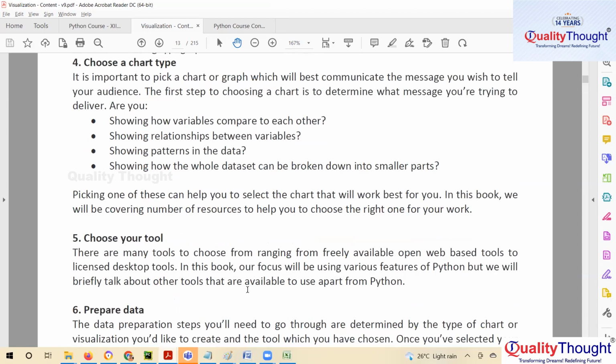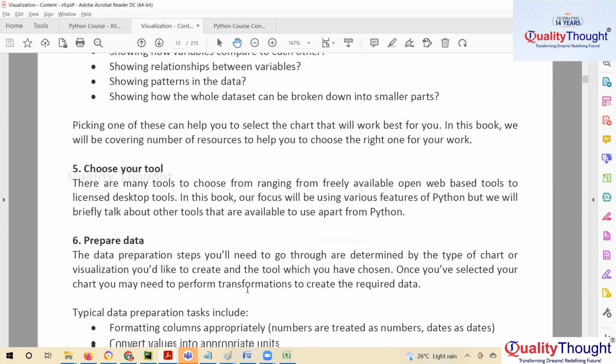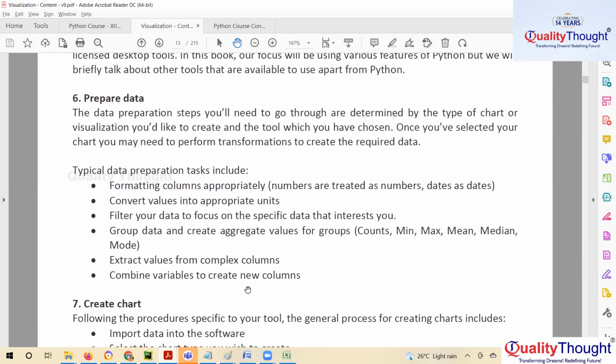Then which tool? In our case, we'll use Python only, but you can use Tableau, Power BI, or R. Many other tools are there. You can decide which tool. Then prepare your data, and finally create the chart.